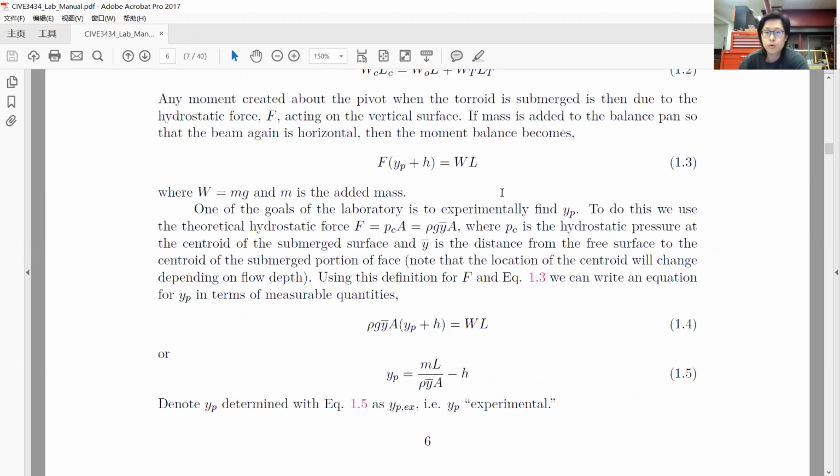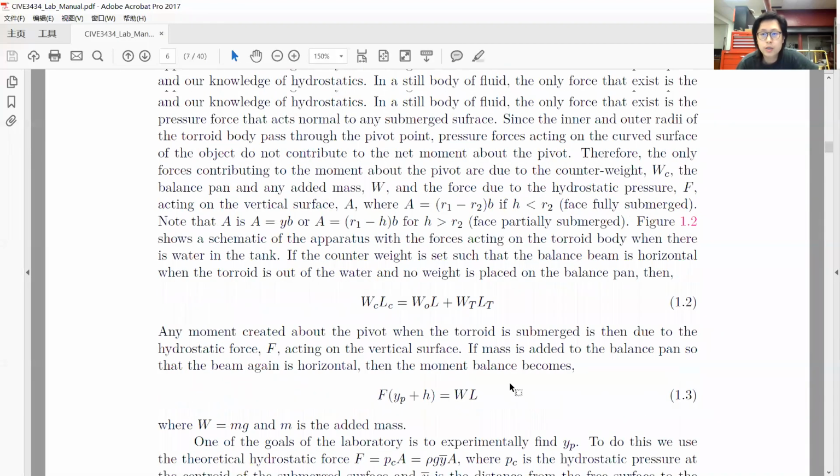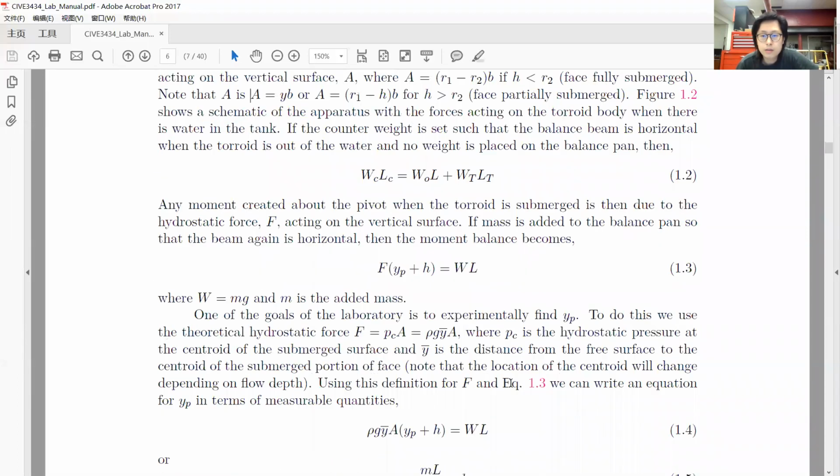Using this relationship, we are able to calculate the YP using all the information in here. M is how many grams of weight on the side. So we have M, we have L. L is given later in the data, and rho is easy. Y, you're able to get it. A minus H.